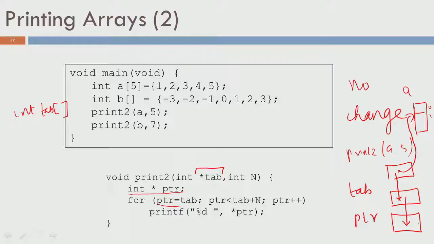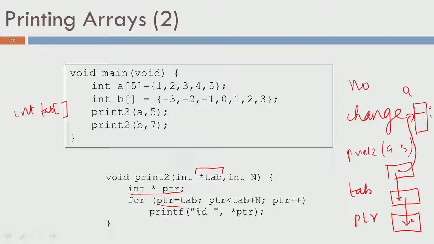Now, if you do star ptr, where is it going to point? tab had a copy of pointer to a of 0, ptr is a copy of tab. So, ptr also points to a of 0, and star ptr will print a of 0. Then we come back and look at ptr plus plus.